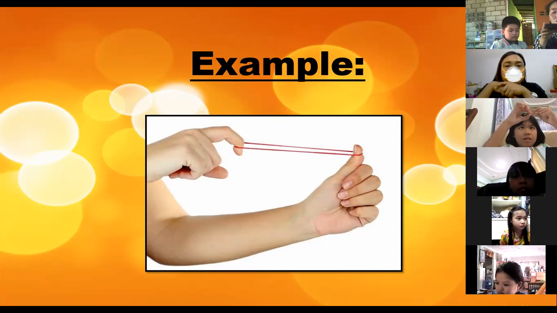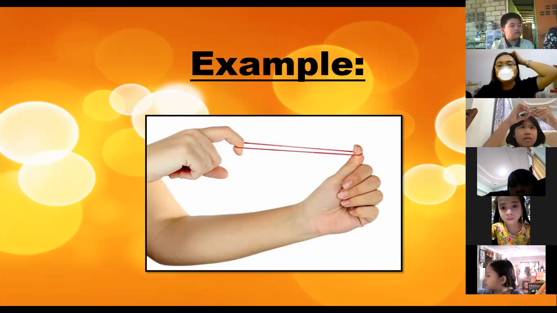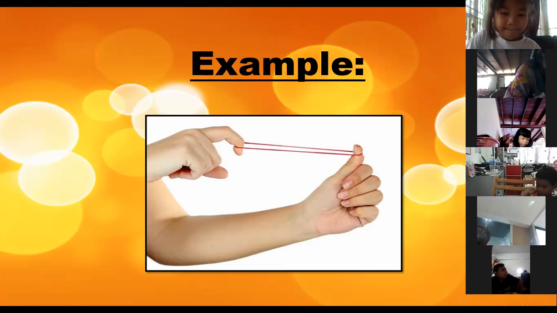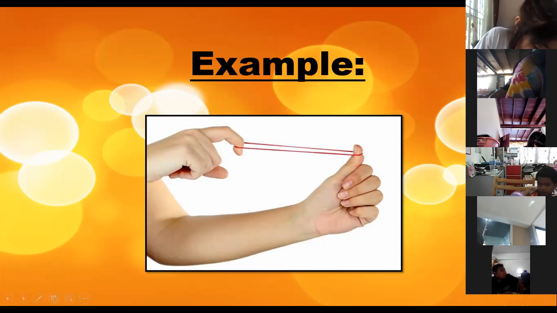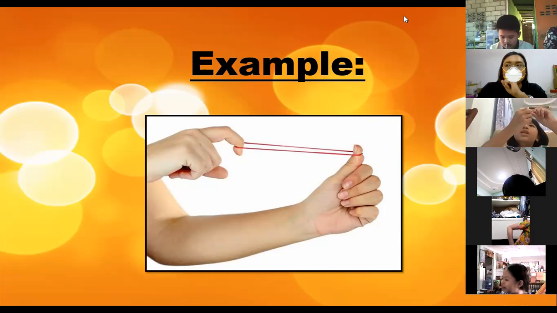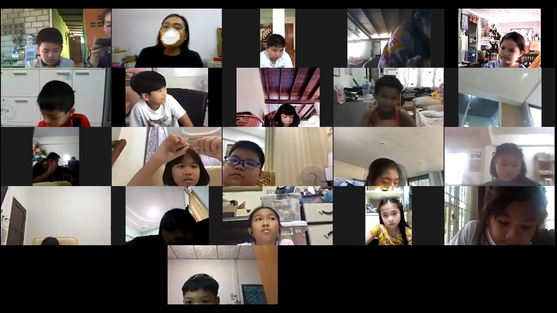What else, class? All right, so those are the 4 different properties of a material. Okay, question. What are the 4 different properties of a material?